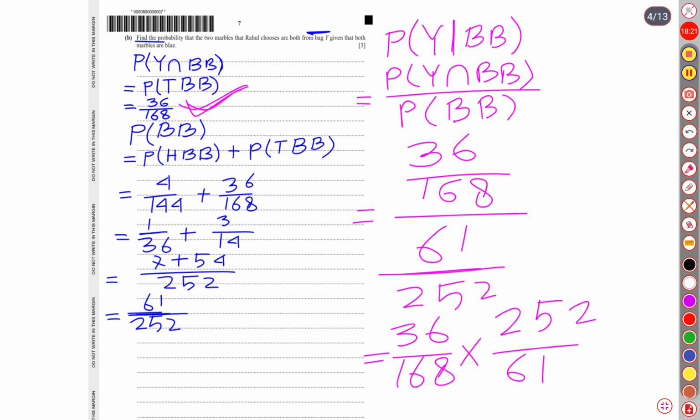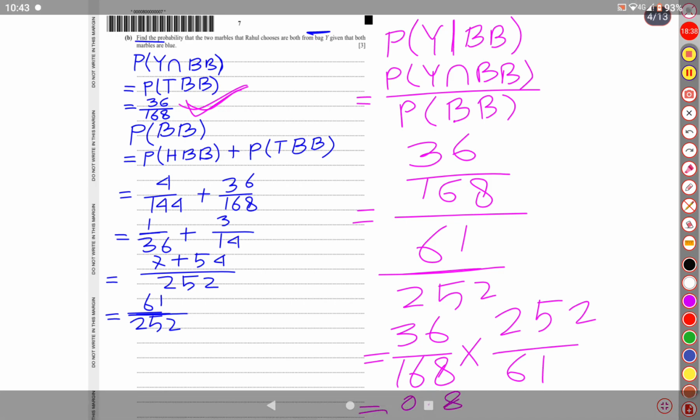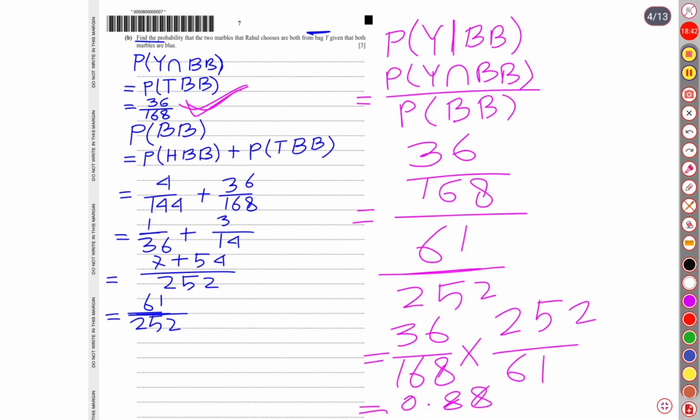The final result we are going to get is 0.885. This is our final answer to this part of the solution.